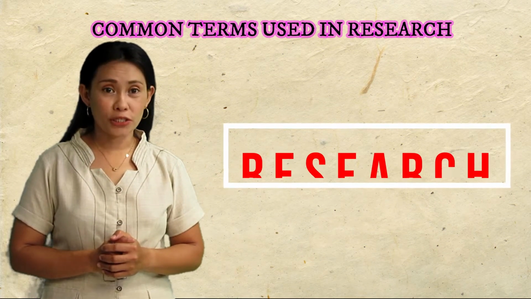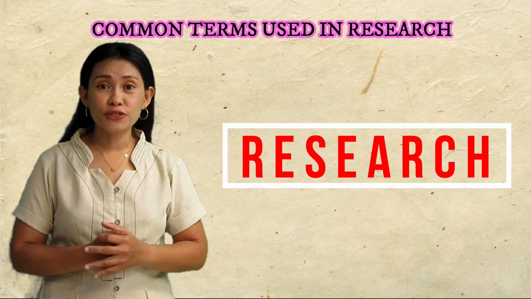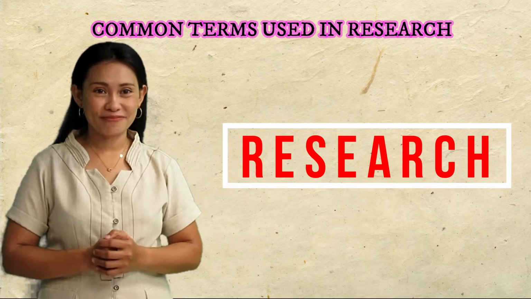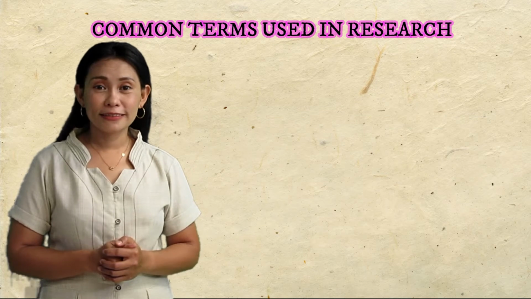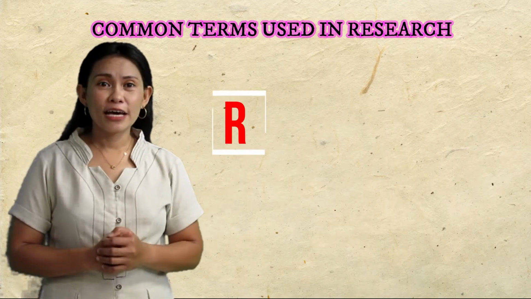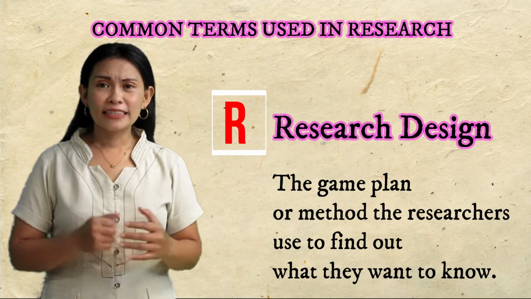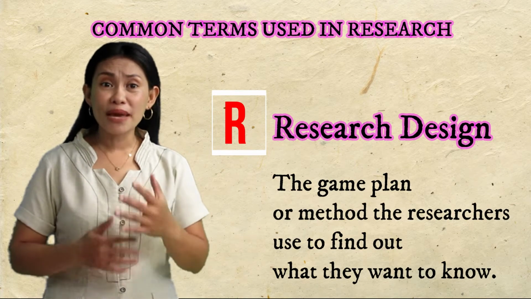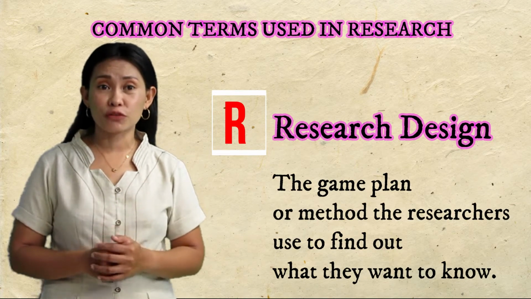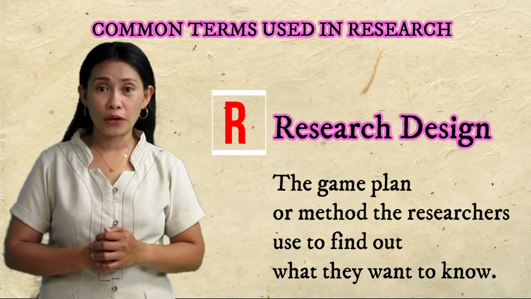Let us use the letters in the word research to know some of the commonly used terms in research. Starting with letter R. The word is research design. The game plan or method the researchers use to find out what they want to know.